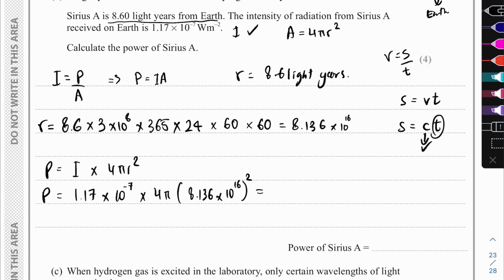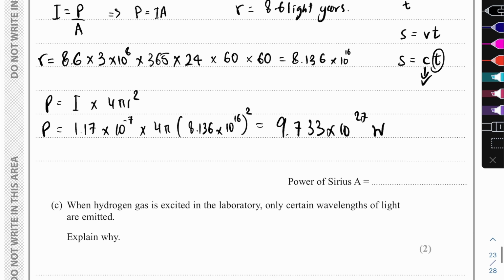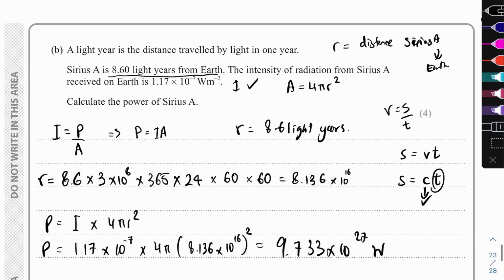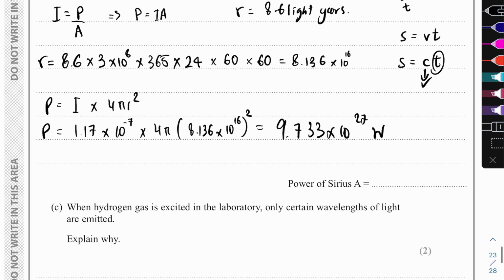This gives us 9.733 times 10 to the power of 27 watts. Now we can convert it to 3 significant figures: 9.73 times 10 to the power of 27 watts.